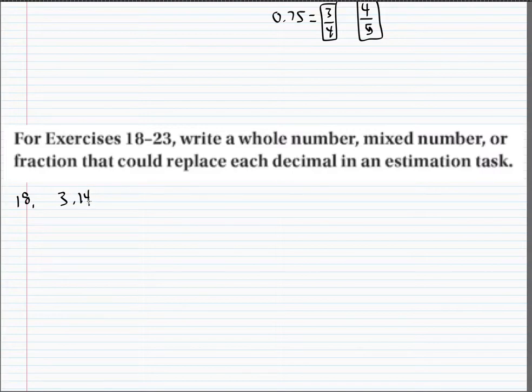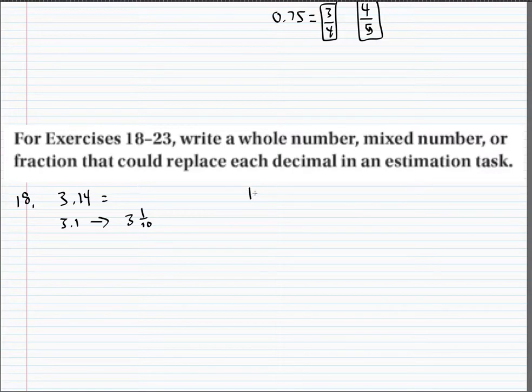We said in class that this will be equal to about, if we think about it, 3.14 is really close to, let's say, 3.1, right? Which I can go ahead and say is 3 1/10. So I think that would be an acceptable answer there.